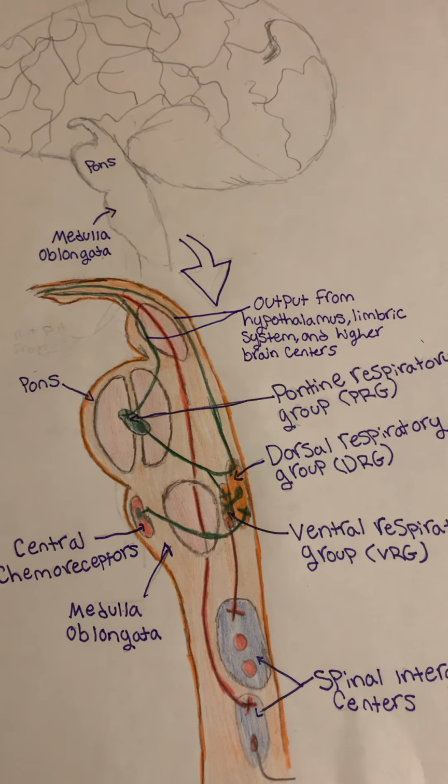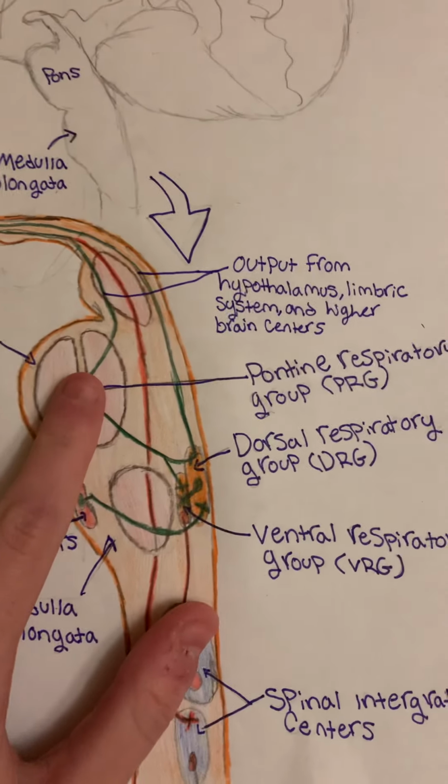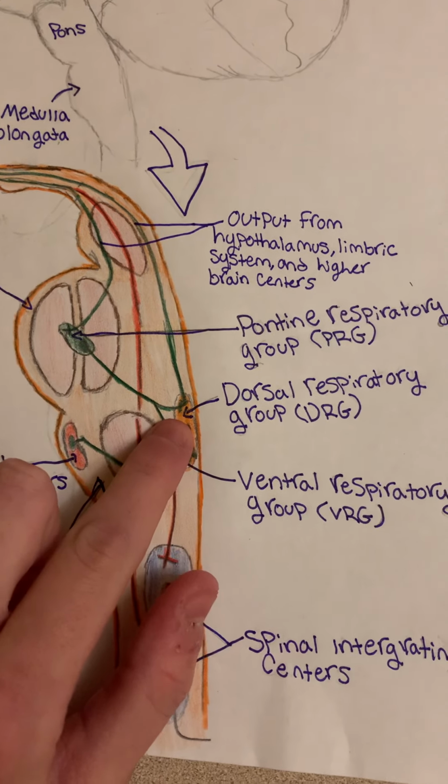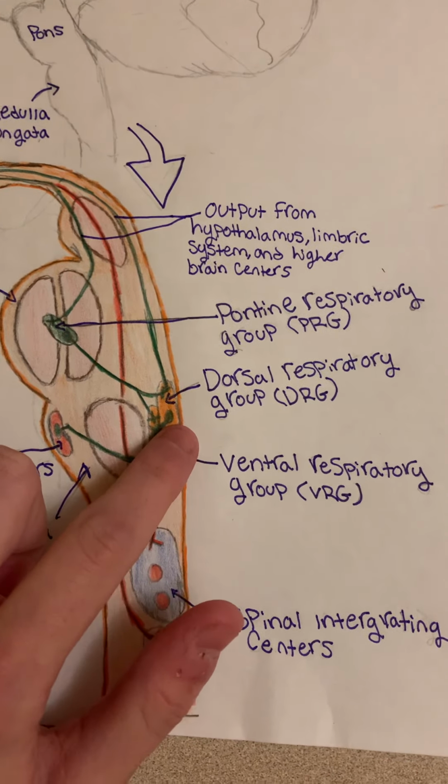So they're also starting from up here as well and coming down. And this issues output to both DRG and VRG. So it's putting an output to both the DRG over here, dorsal respiratory group, and the ventral respiratory group. So it's giving out those outputs.